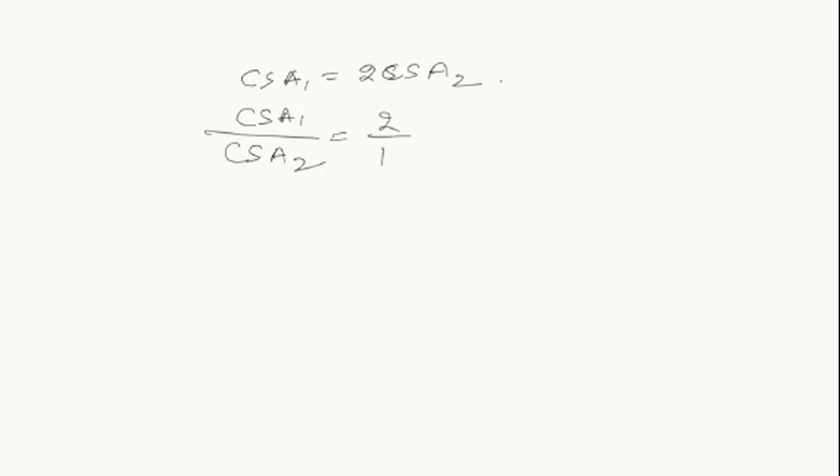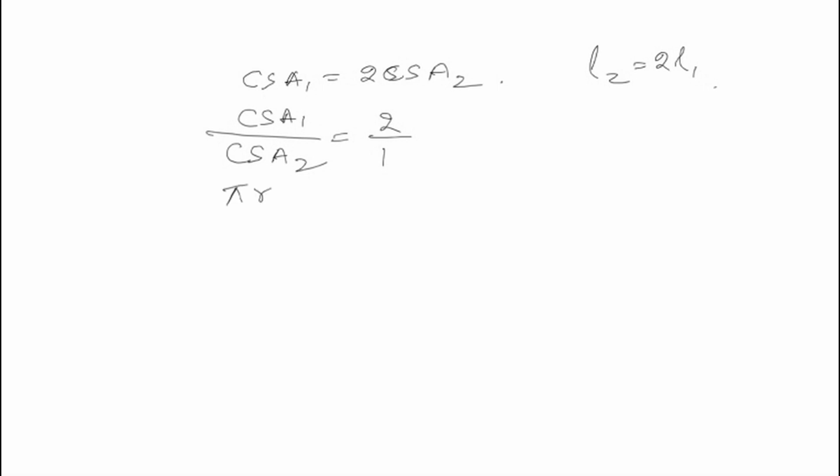Am I correct? Yes, ma'am. And they have given L2 is 2 times L1. Latter means second one. Sana has written 2:1. Now CSA1 is pi R L1, CSA2 is pi R L2. Pi cancel. Radius.